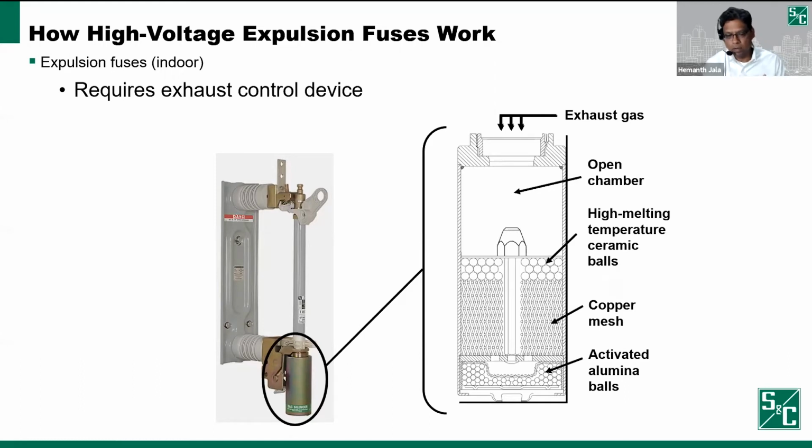So what you do is you control the line, you clear the fault, you come back, you replace the fuse unit, and you close it back in, and you're back in business. Your customers now have power. So that's the main difference between indoor and outdoor. In indoor applications, the expulsion fuse doesn't drop out. It just provides an indication, and it has an exhaust control device.